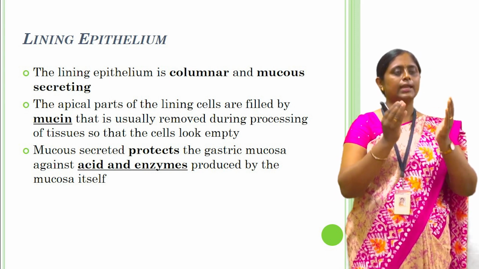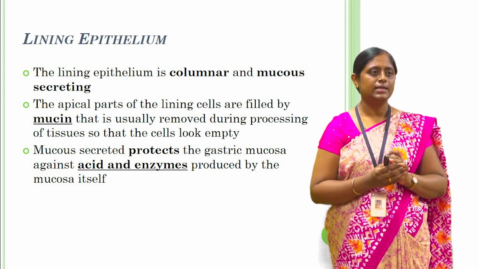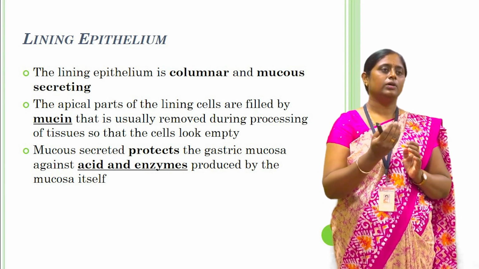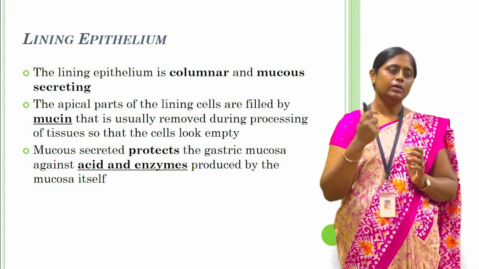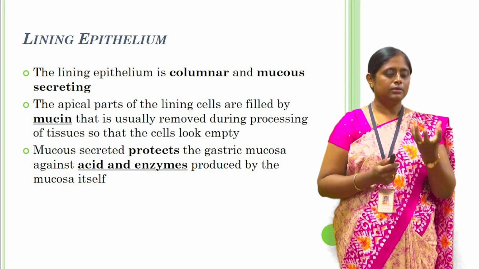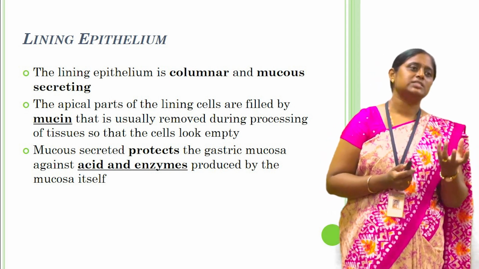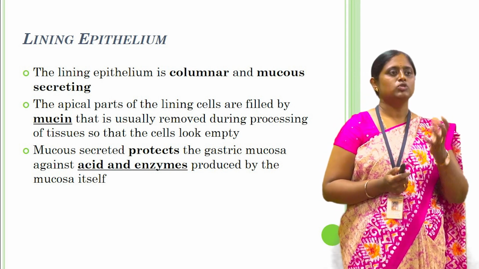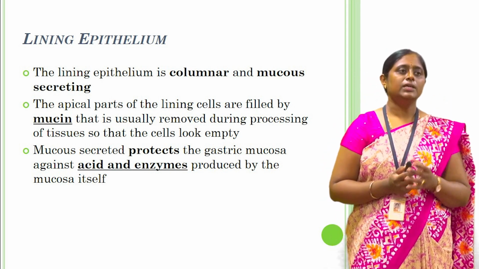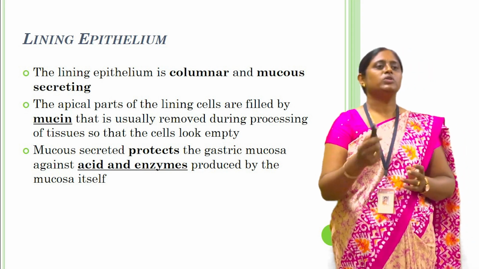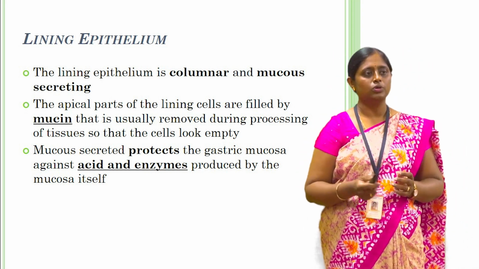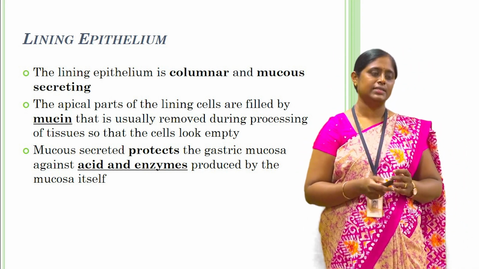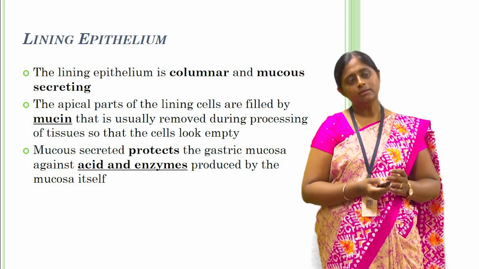To protect the epithelial lining from the effect of these acids and enzymes, this mucus is secreted, which protects the gastric mucosa against the acid and the enzymes produced by the gastric glands.